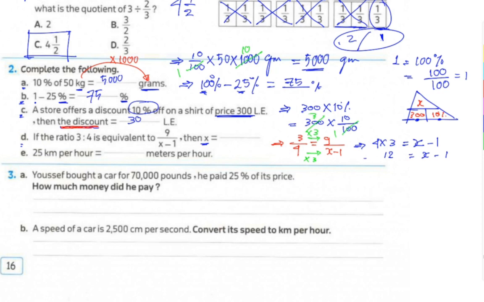So this is an equation I need to solve to find x. Okay. What do we do? Let's change the order of the sides. Let's put x minus 1 on the left side, equals 12.